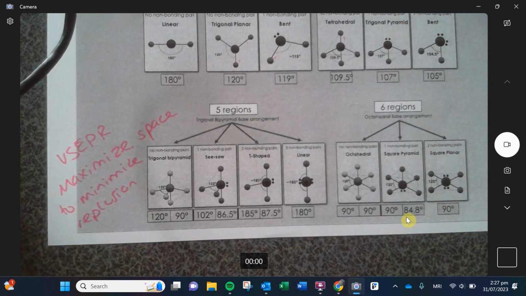So that's why they take the shapes that they do. It's so they're not putting like charges together. Repulsion, yes, because the electrons are negatively charged.